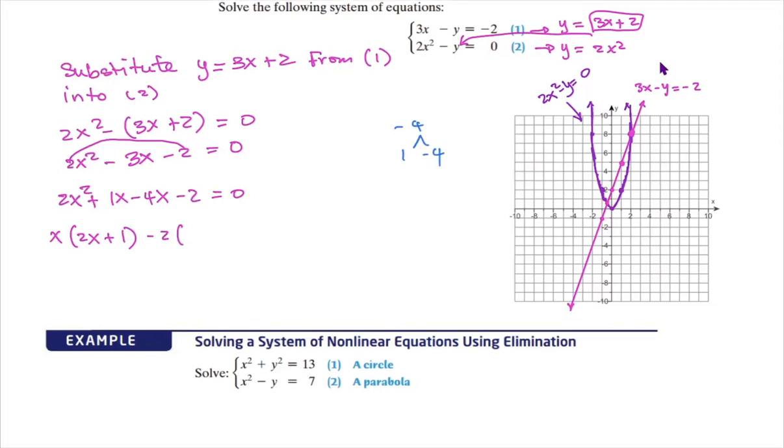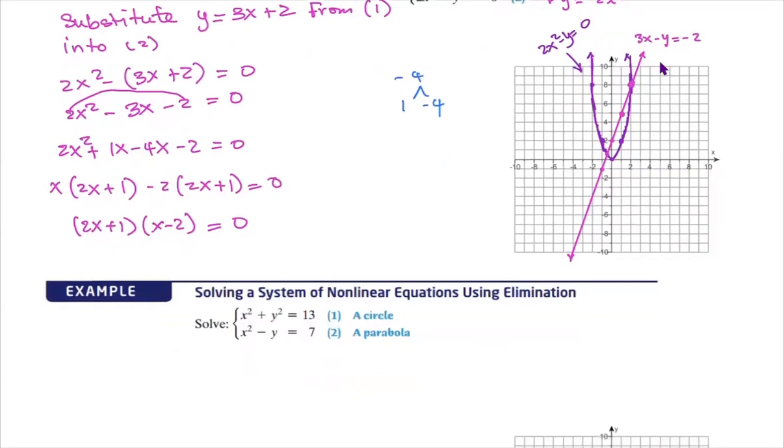So we would have 2x plus 1 as a common factor: (2x plus 1)(x minus 2) equals 0. We have two solutions: x equals -1/2, and x equals 2.